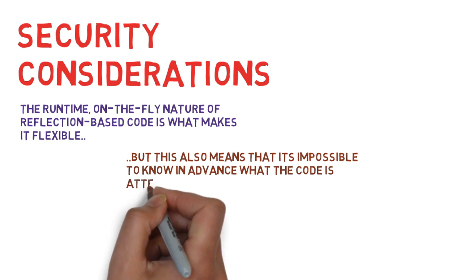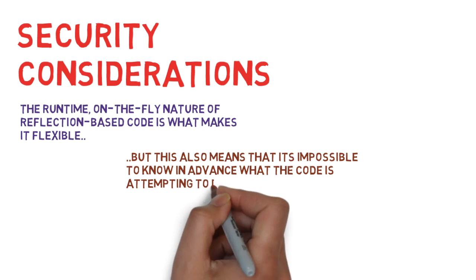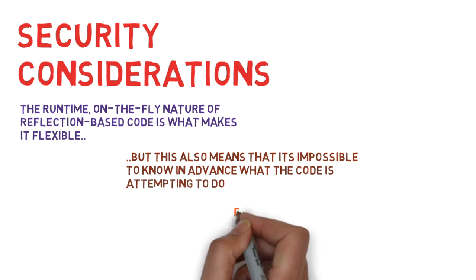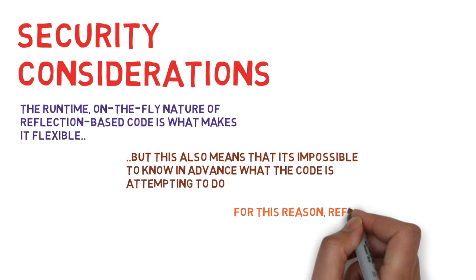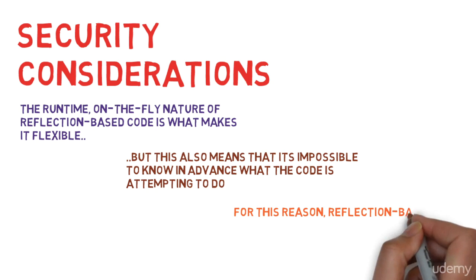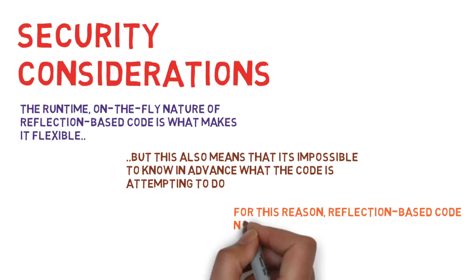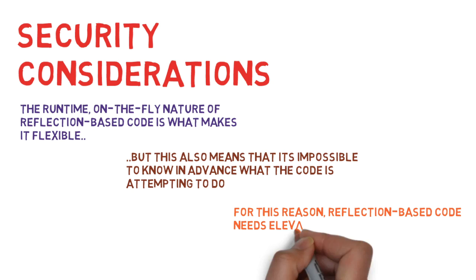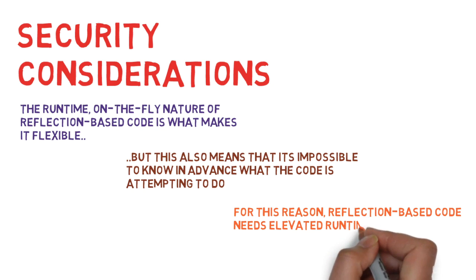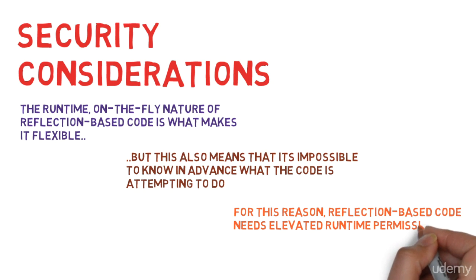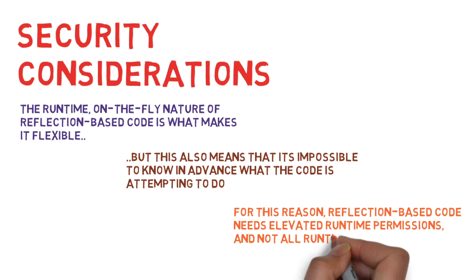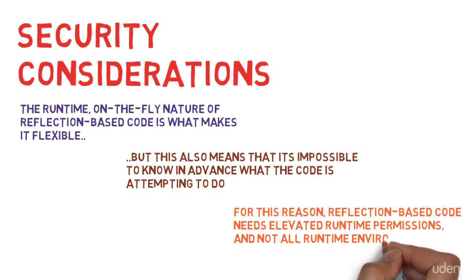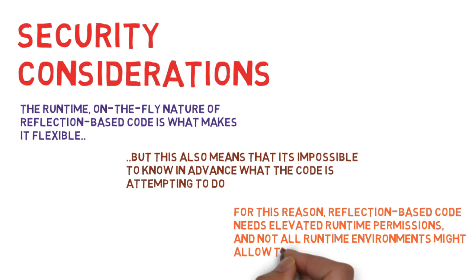Now, this can be a security hazard. And for this reason, if you use reflection, you need elevated runtime permissions for this code to run. So anytime you use reflection within the code, the environment in which you're running requires elevated permissions. Now, if you think about runtime environments in your development cycle, that's totally fine. You probably are admin on your machine and you can run your code using elevated permissions.